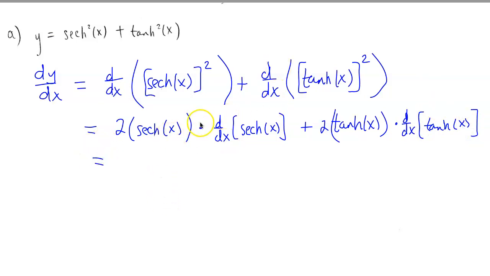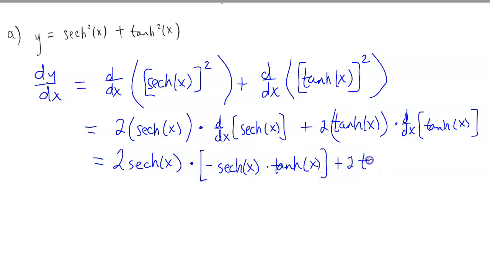So now we go here and we need to take the derivative of secant hyperbolic, which is just going to be a minus secant hyperbolic times tangent hyperbolic. So here this will be 2 secant hyperbolic here times a minus secant hyperbolic times tangent hyperbolic.